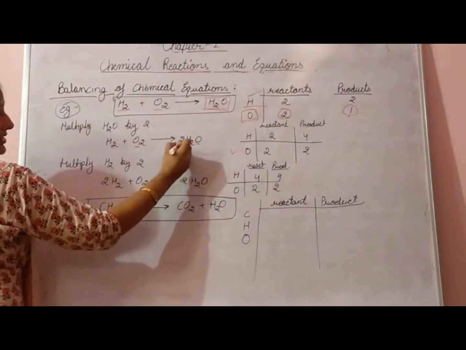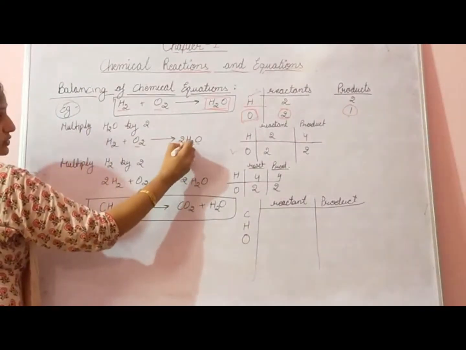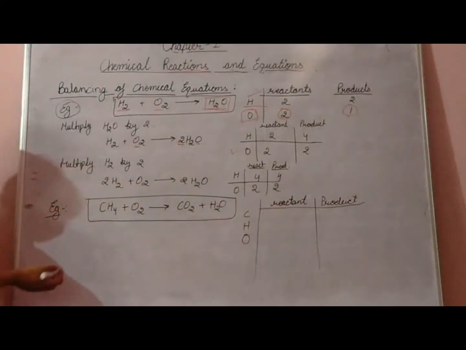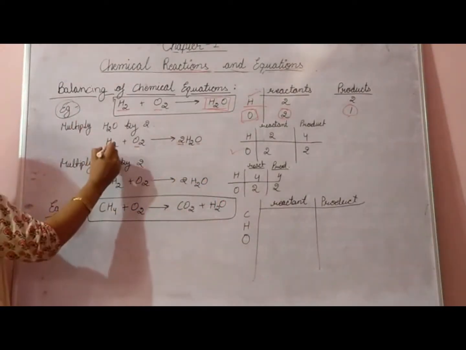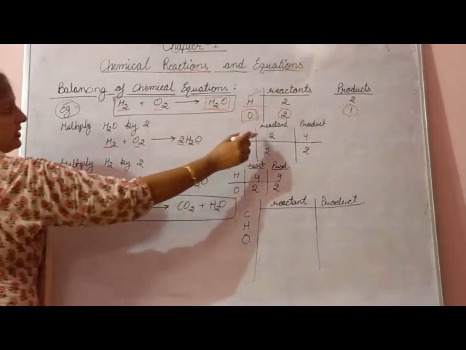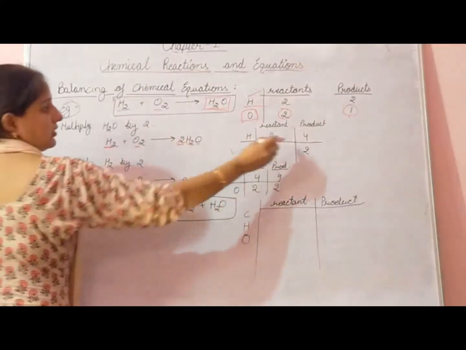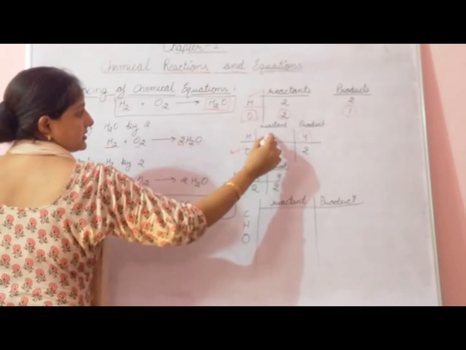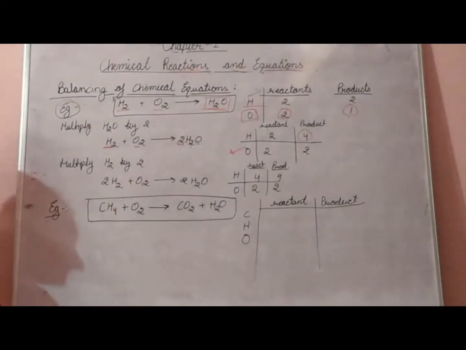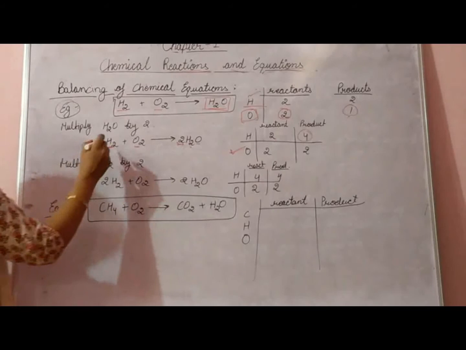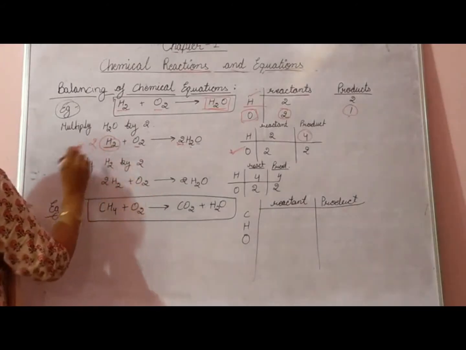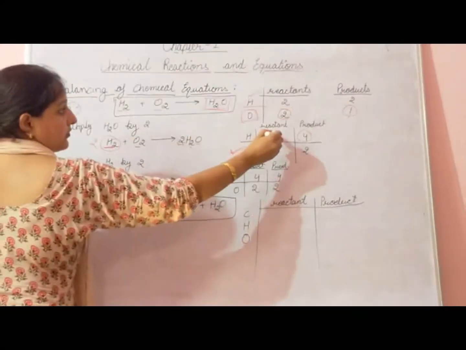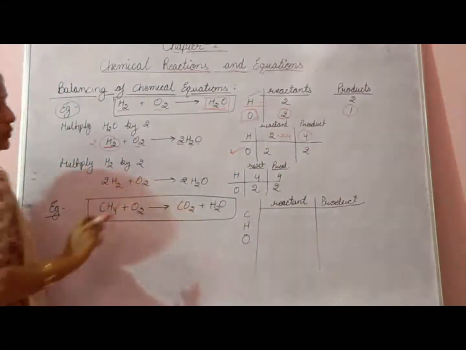But on multiplying it by 2, the number of hydrogen atoms on the product side will increase. The hydrogen atoms were 2 and now they will be 4. So now it is not balanced, and again we need to balance it. For that reason, we will multiply H2 by 2, so the number of reactant atoms will be equal to 4.